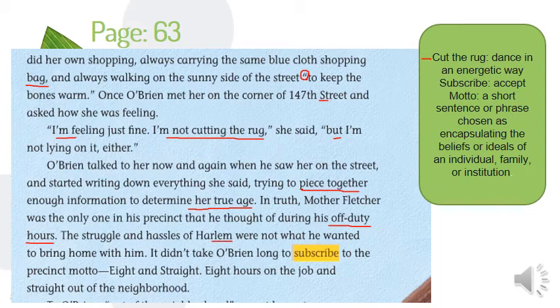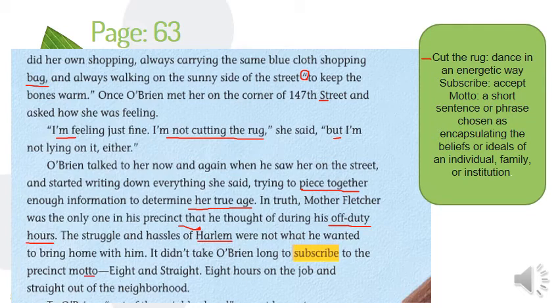We said that Harlem is the precinct, and it was, and still is, a very dangerous neighborhood in New York, sorry, in Chicago, which he did not want to bring home with him. It didn't take O'Brien long to subscribe to the second motto.